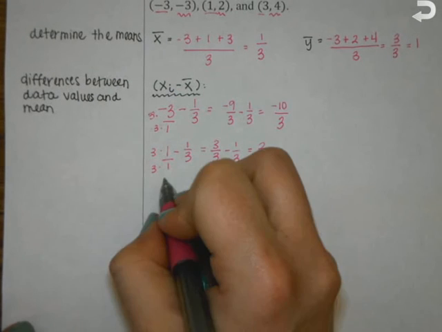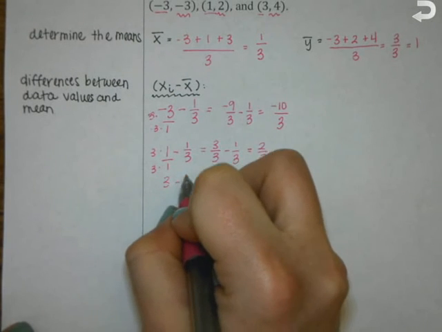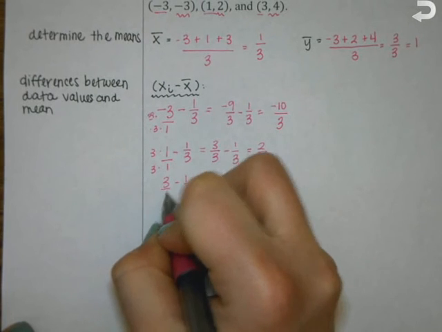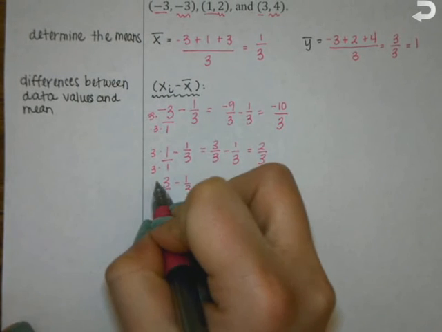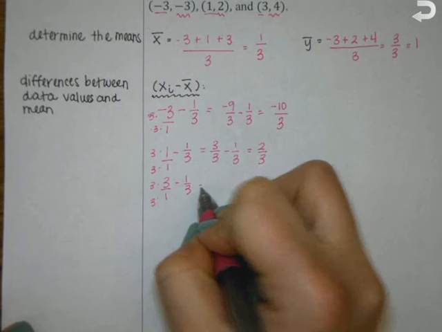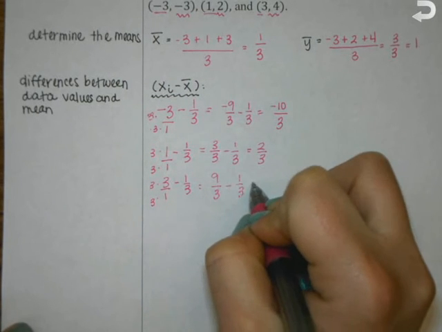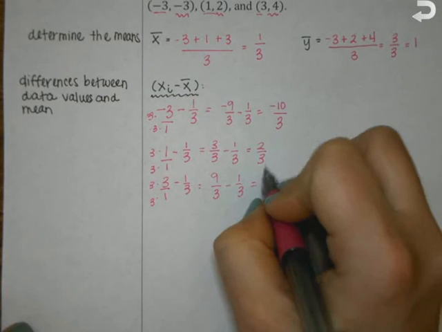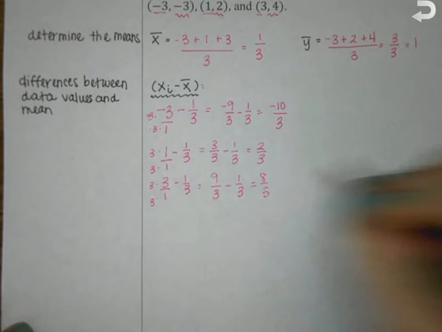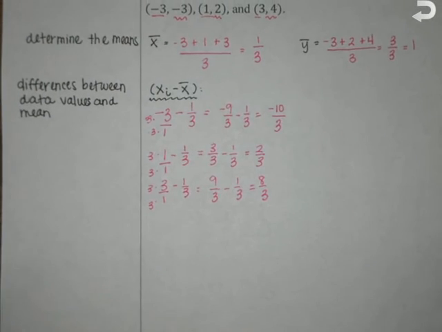Okay, and then the last one would be 3 minus 1 over 3. When I multiply top and bottom by 3, that gives me 9 over 3 minus 1 over 3. And what does that give you? 8 over 3. So all you're doing is taking each individual x coordinate and subtracting the mean.